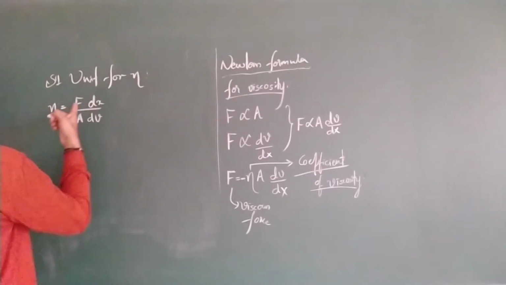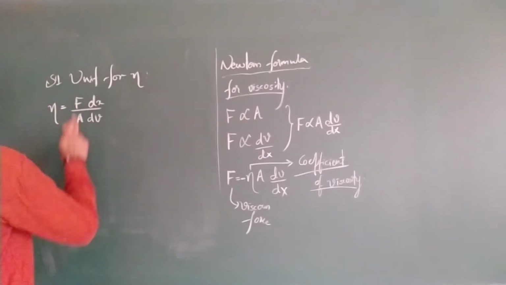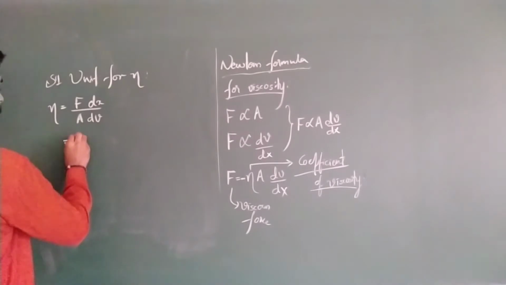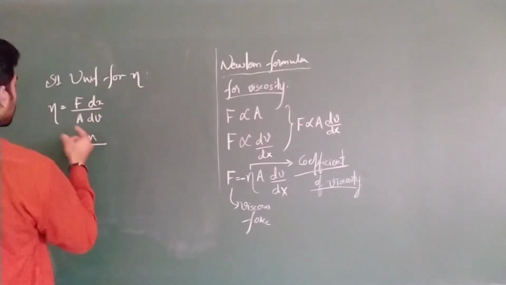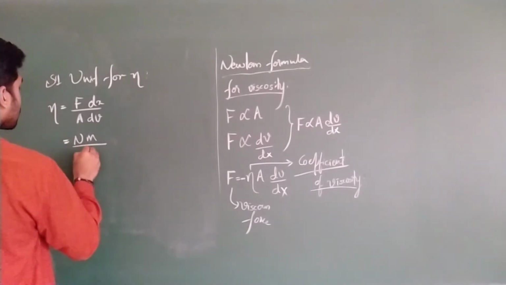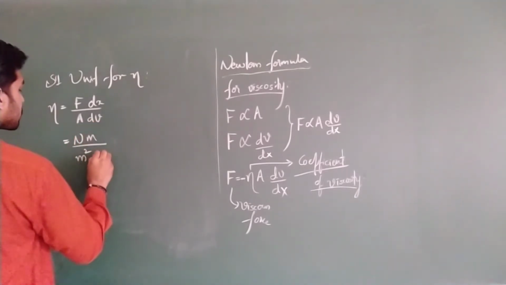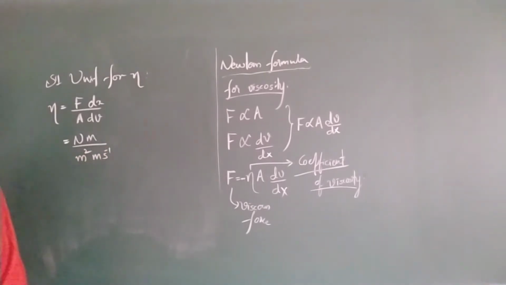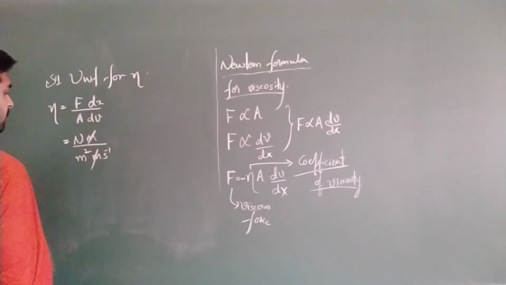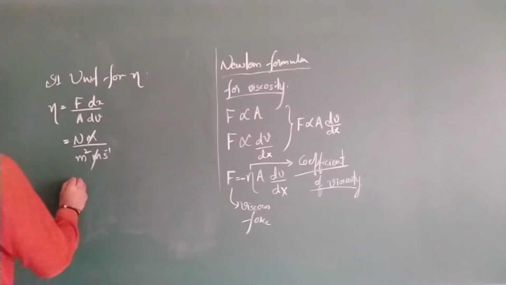So F is force, SI unit Newton. x is meter. A is meter square. dV is velocity, meter per second. So what will get cancelled? Meter will get cancelled first of all.